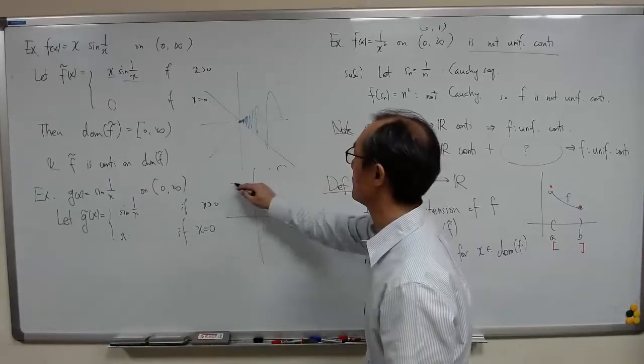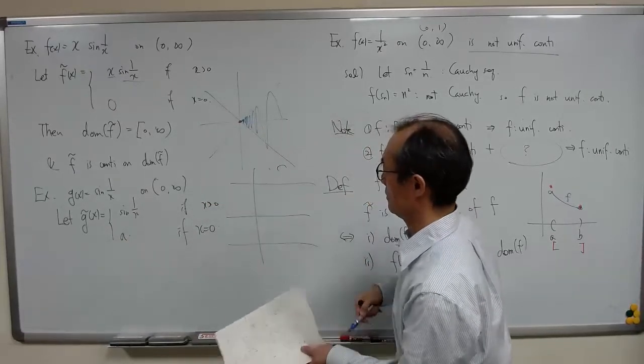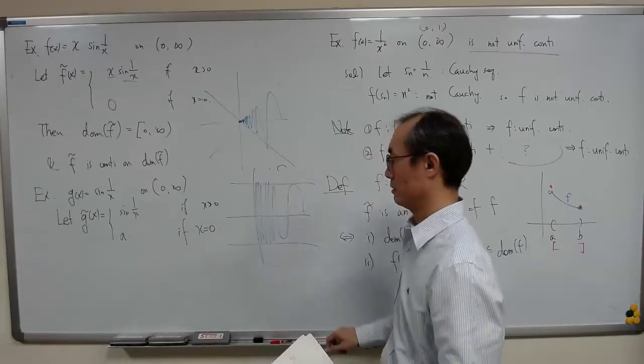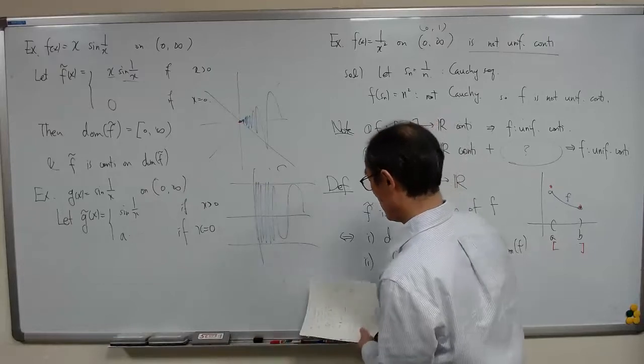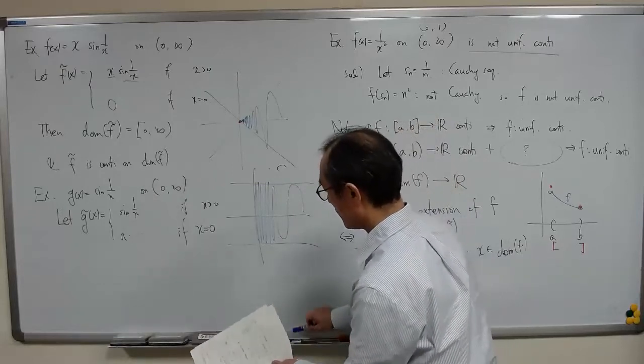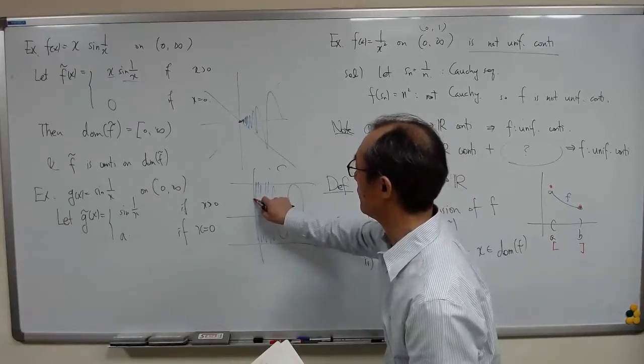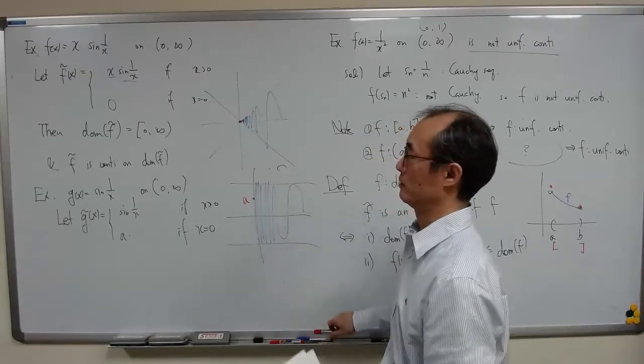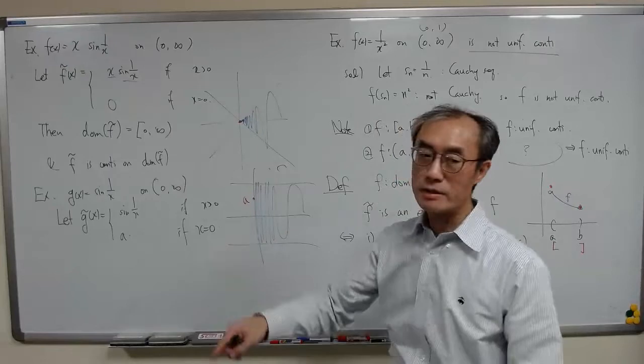The graph of this function now goes like this. If you extend this function by adding any value a at 0, this is an extension.